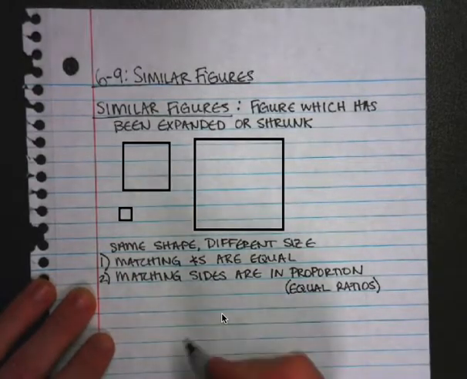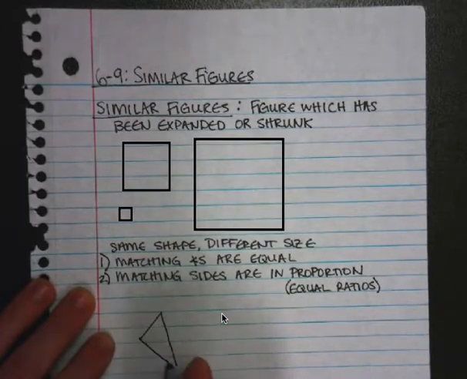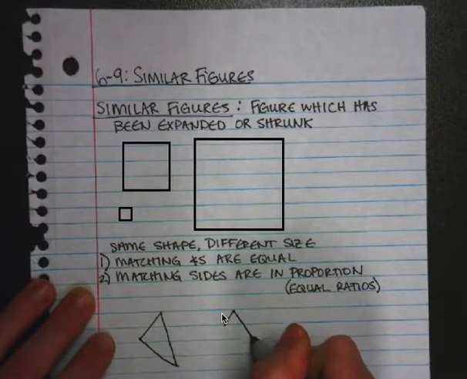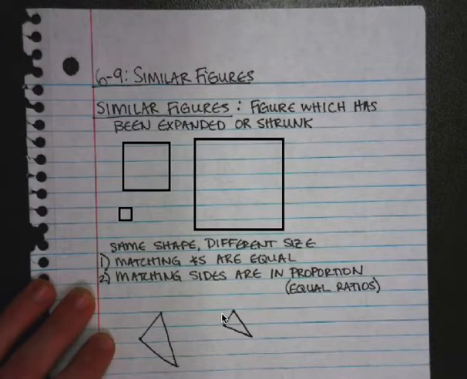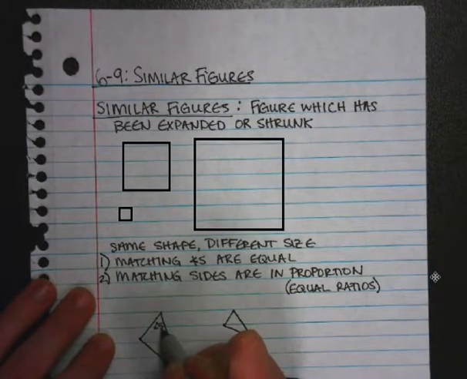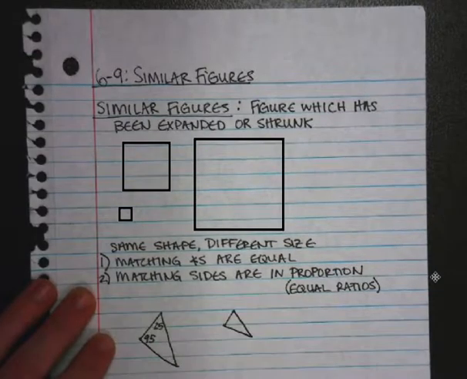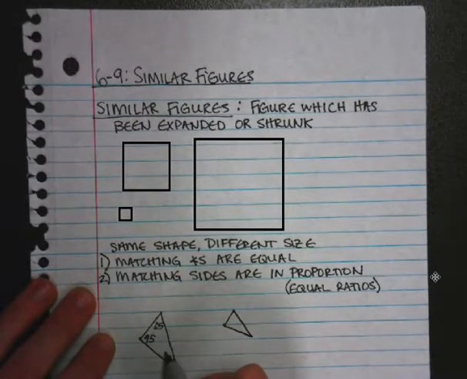Alright, so I'm going to draw a couple triangles. And I'm going to say that this angle is 25, this angle is 95. So then, since there's 180 degrees in a triangle, this one would have to be 60.